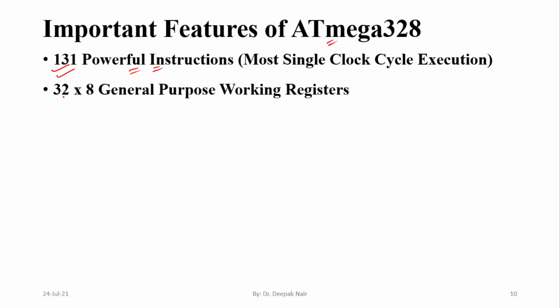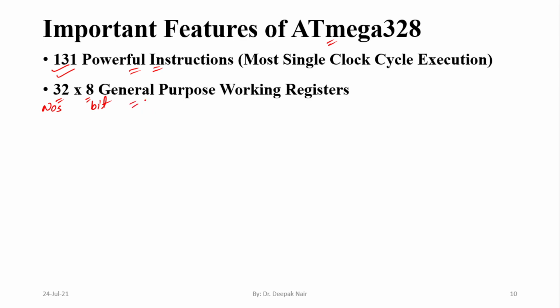There are 32 cross 8. What does that mean? It means there are 32 registers, each of 8 bit. So 8 here is representing bits, and this 32 is representing the number. So 32 cross 8 means 32 registers, each of 8 bit.